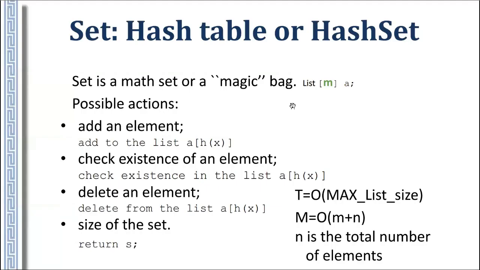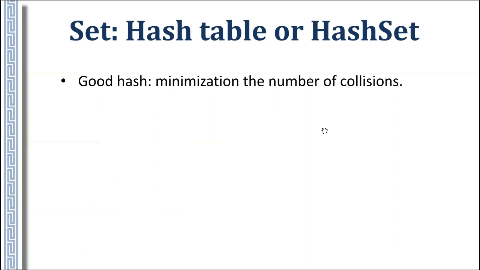Okay, let us discuss what the hash function should be and what the number m should be, such that it is fast enough, because we have this time complexity, and it doesn't take too much memory. A good hash function is the function that minimizes the number of collisions.